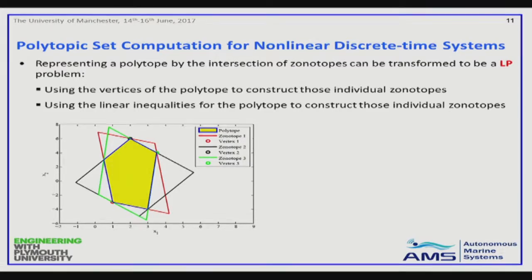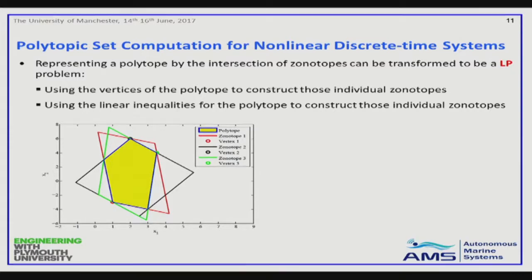And then you move to another vertex. You can get the green one to intersect. And the final one is here. So you can use this method to use the vertices to get 3 zonotopes.